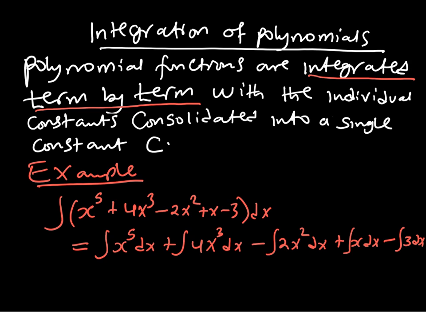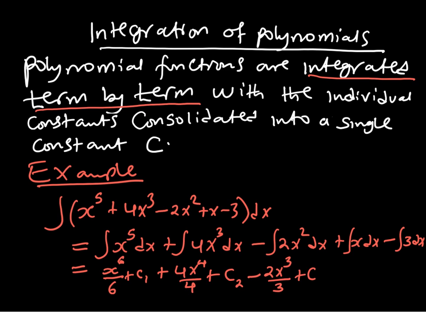So you get x to the power 6 over 6 plus a constant c1, then 4x to the power 4 over 4 plus c2, minus 2x cubed over 3 plus c3, plus x squared over 2 plus c4, minus 3x plus c5.